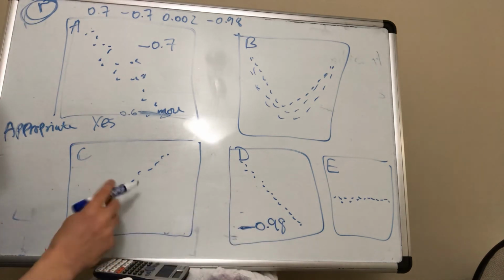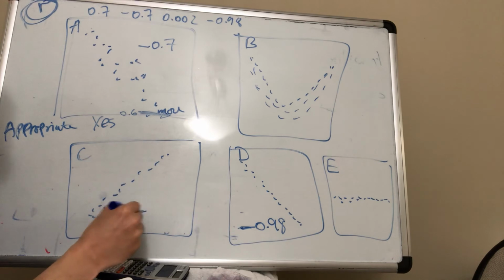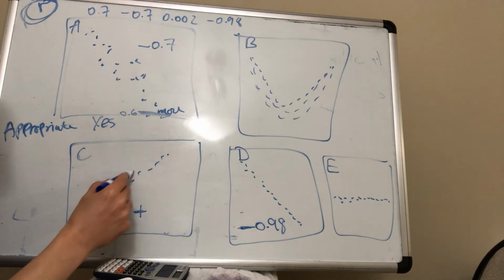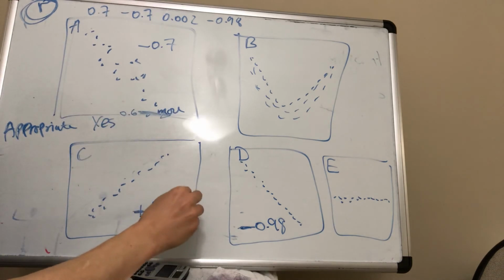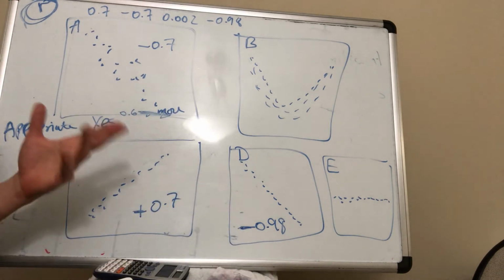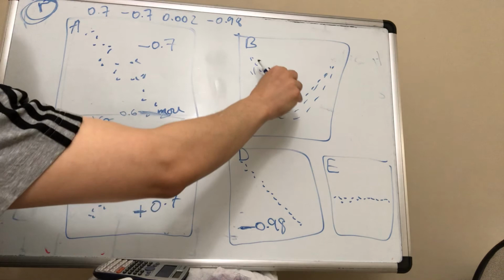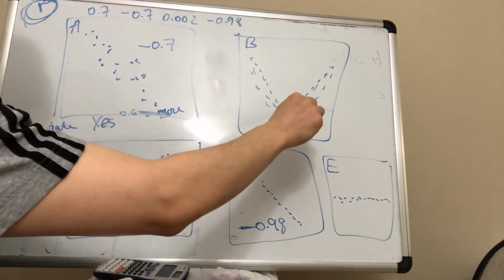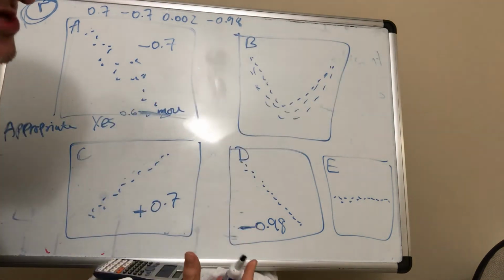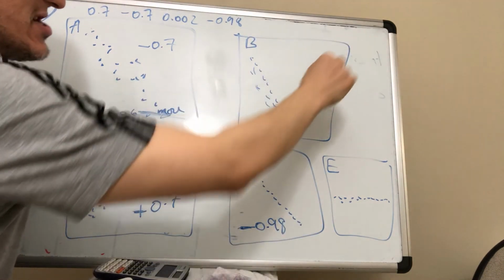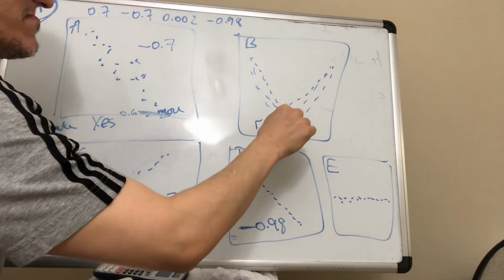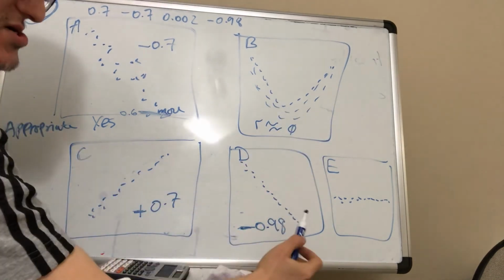Now, if you look at this, this is positive correlation. The points are somehow close to each other, so it's like 0.7. Now this one, if you look at it, it's going down, then going up. We consider that they cancel each other. So they're going down, going up. That means that R is very, very close to 0.